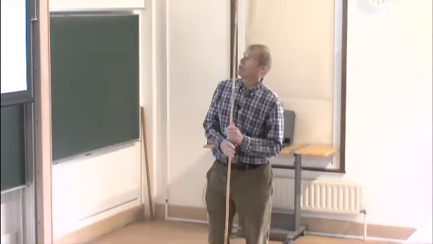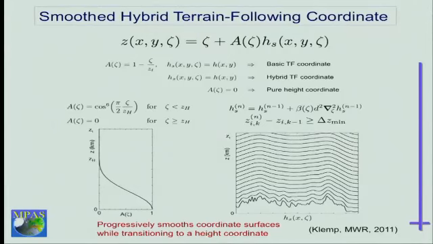What we've tried to do is a little different than that, because we feel that the influence of small scale terrain structures on these coordinate surfaces ought to be removed more rapidly the smaller the scale. And so we do it in a more continuous way.